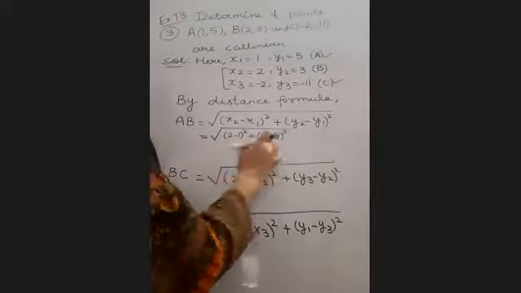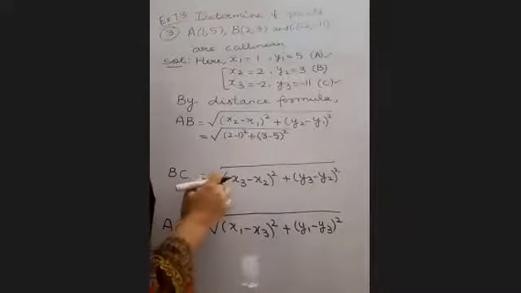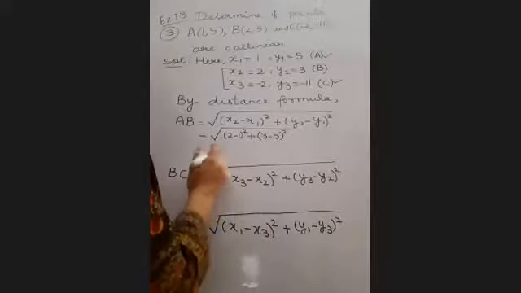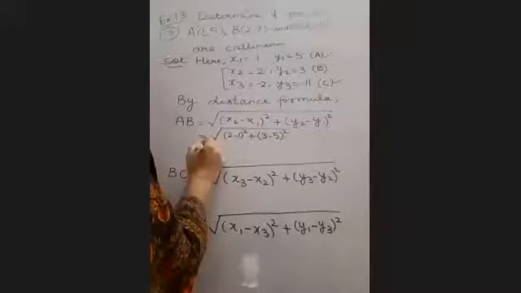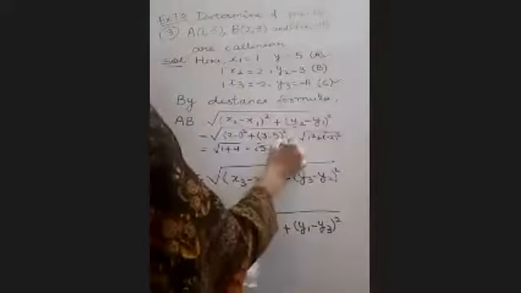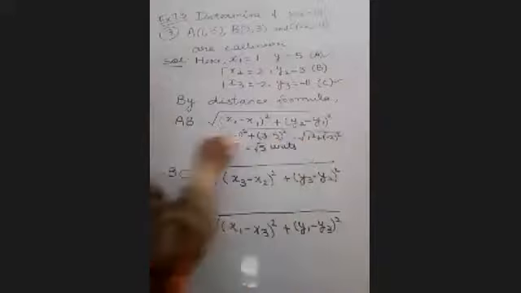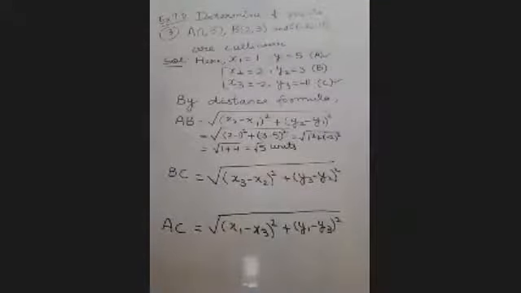And 3 minus 5? Minus 2. So root of 1 square plus (minus 2) square, 1 plus 4, is root 5. So AB is root 5 units. Clear? Now let us see BC.